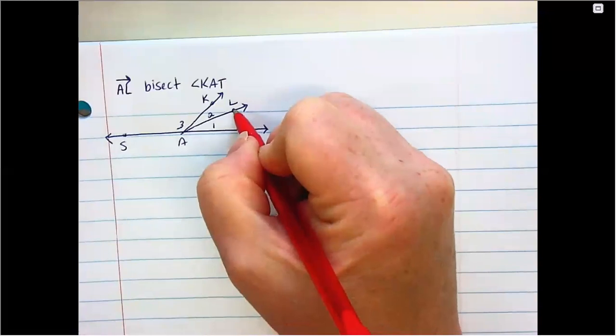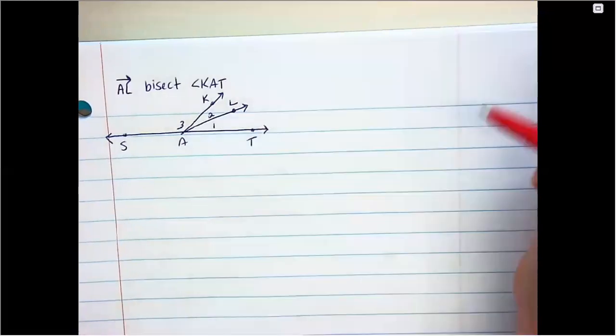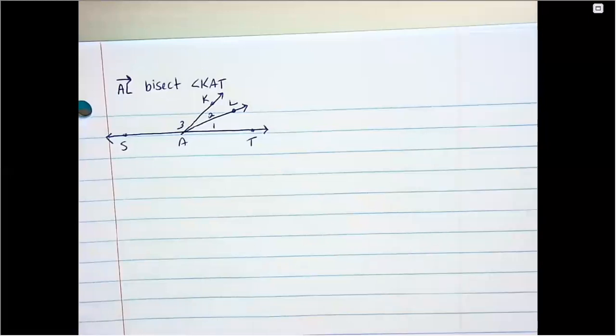So what do we know about angle 1 and angle 2? If it bisects, what can somebody tell me, what does it mean for angle 1 and angle 2?